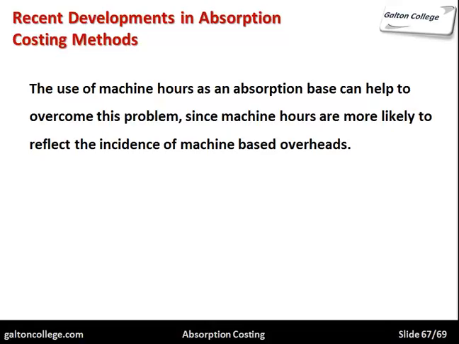And also some machines may be older than others within the organisation. Perhaps it should be based on the most recent price of the machines, the cost of the machines when they were purchased. Maybe that could be a basis for apportionment. But using labour at a time when labour is becoming less significant in the workplace doesn't seem appropriate.